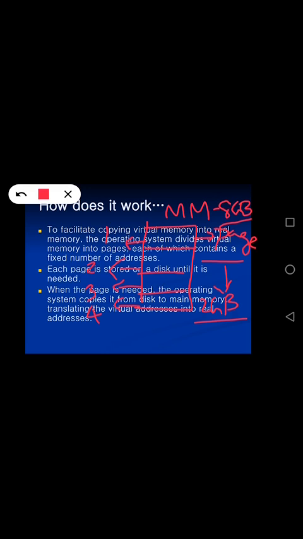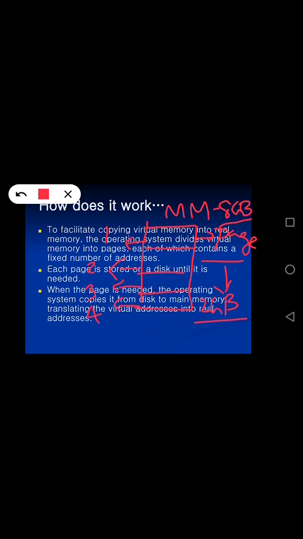Initially, when the user or programmer develops a program, that program is divided into processes, and those processes are stored in pages in secondary memory.